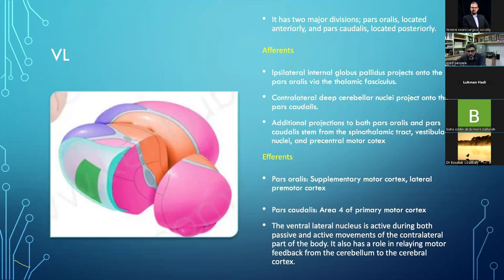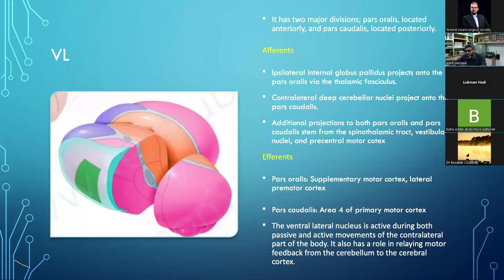And then the ventrolateral nucleus has two parts: pars oralis, which is located anteriorly, and pars caudalis, which is located posteriorly. This is the ventrolateral nucleus here. It receives afferents from the ipsilateral internal globus pallidus, mainly to the pars oralis, and these afferents pass through the thalamic fasciculus.